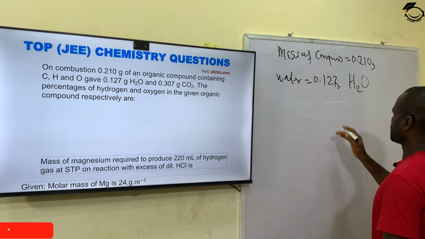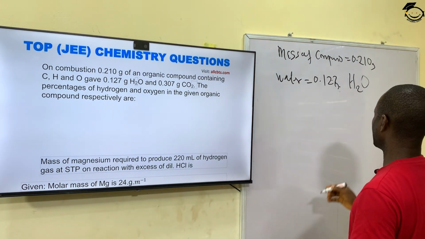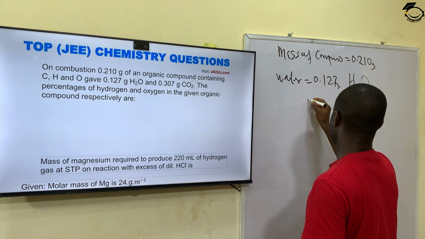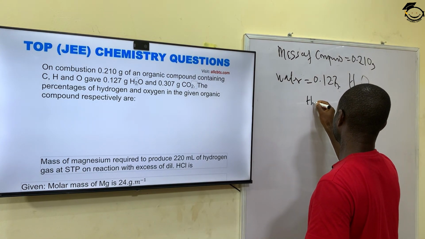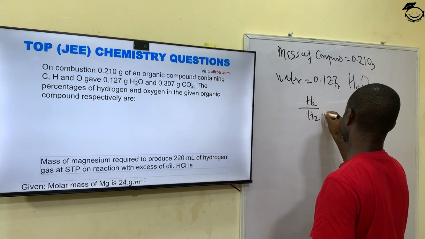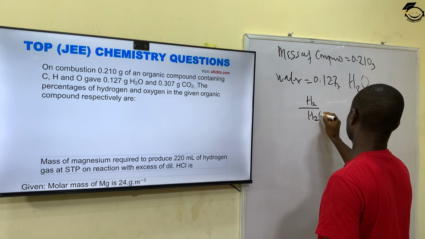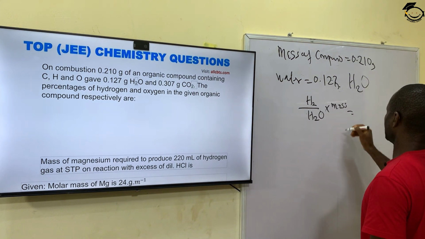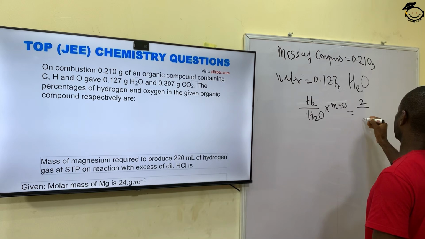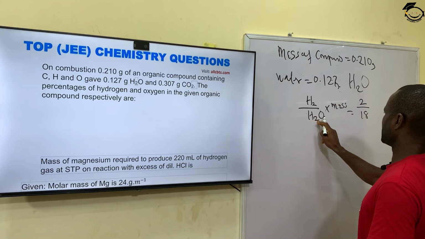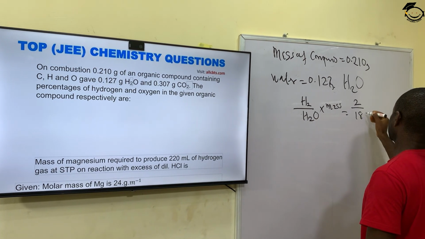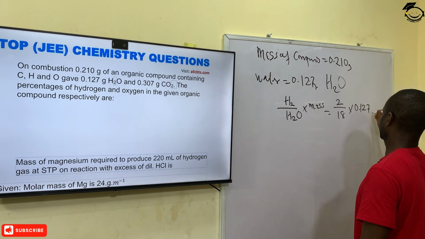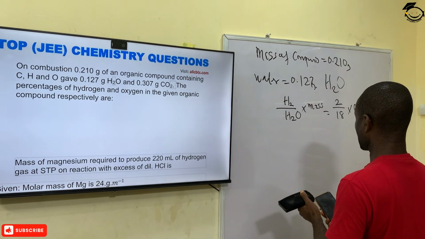So in this case, to find the mass of hydrogen, we say mass of hydrogen over water, times the mass of water, which is 2 over 18, that is 2 over 2 times 2 plus 16, times 0.127. That gives us the mass of hydrogen.